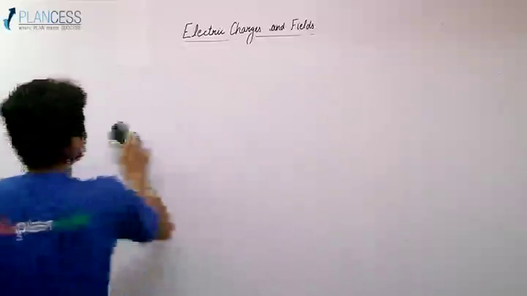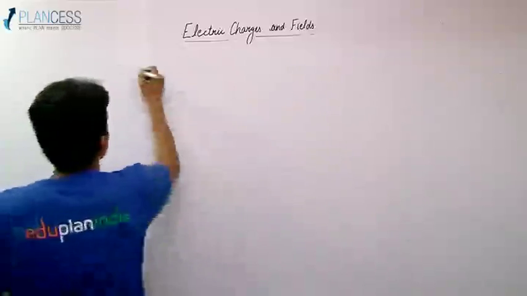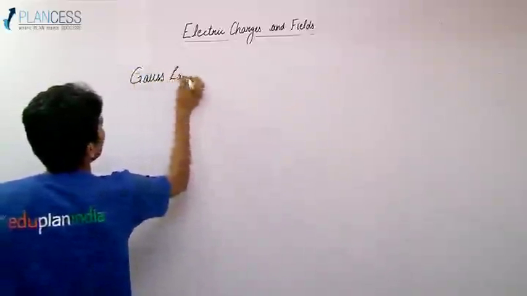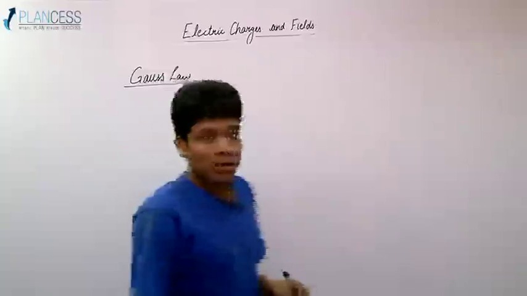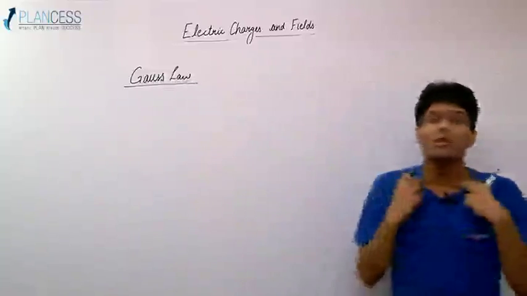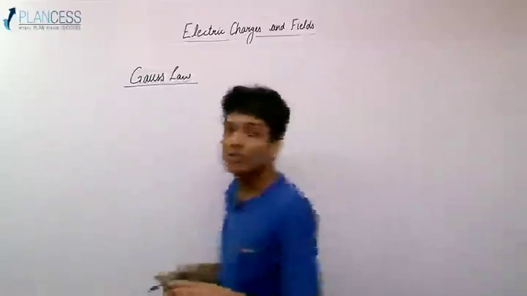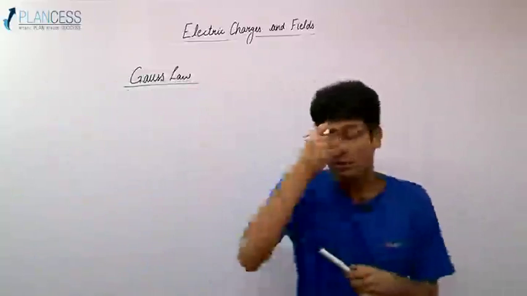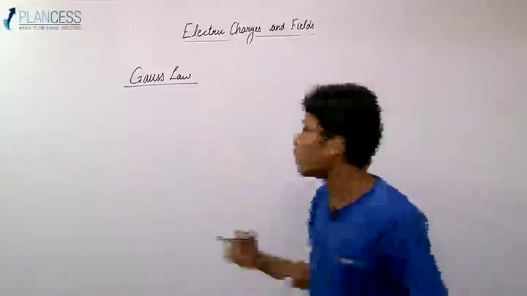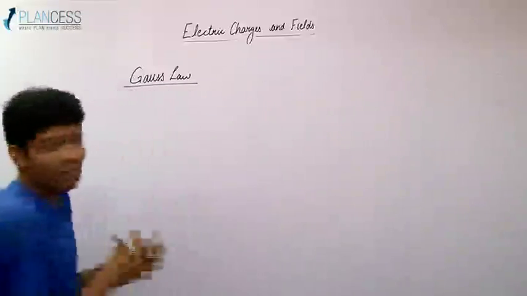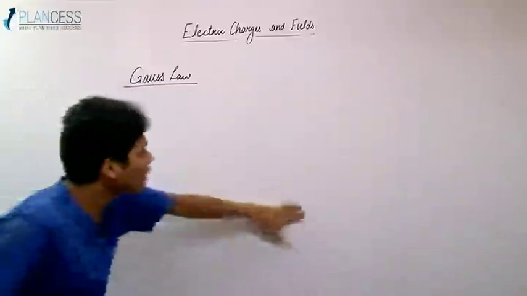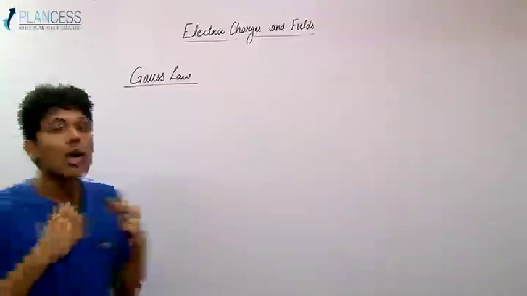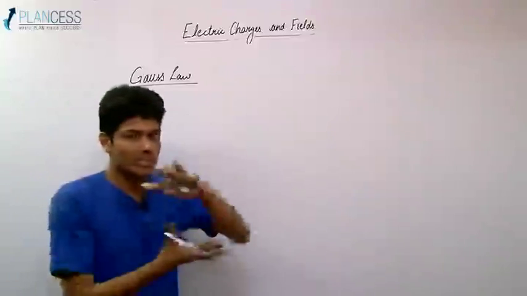Now let's move on to Gauss law. Gauss law is a very strong technique, and as I told you, in this topic I'll be deriving the formula for the electric field by a hollow sphere in just 2 minutes. So let's study what Gauss law is. The statement of Gauss law says: you consider a closed surface in 3D.